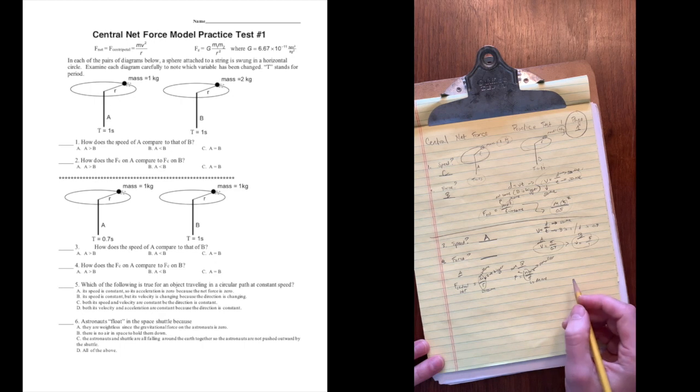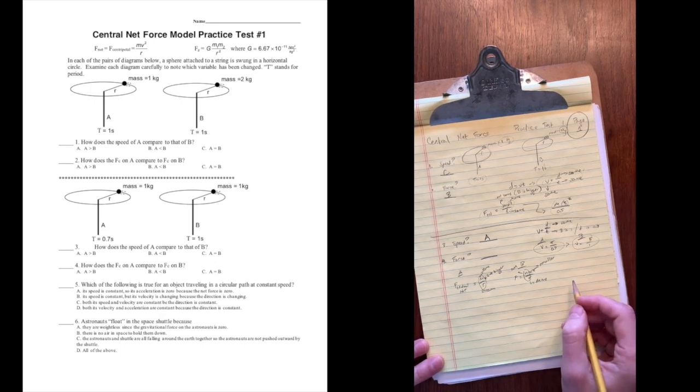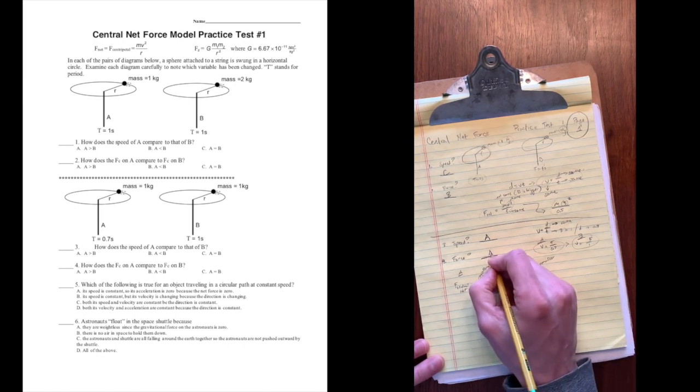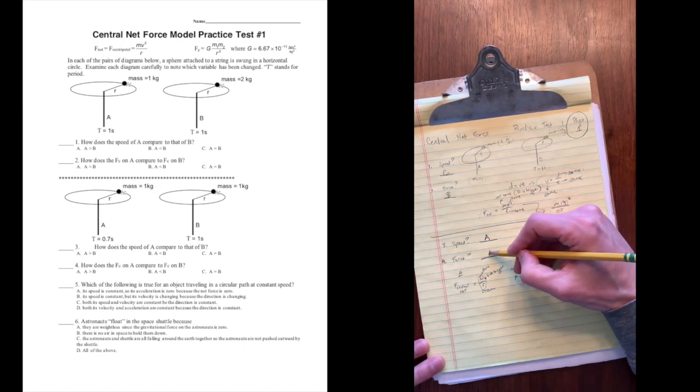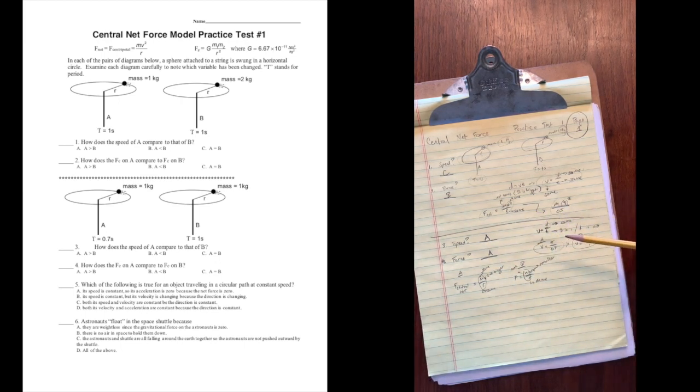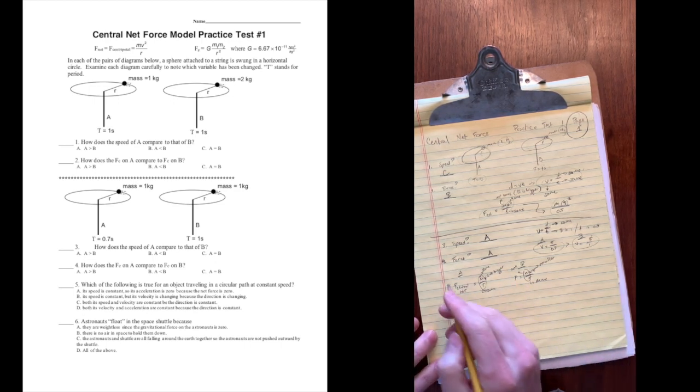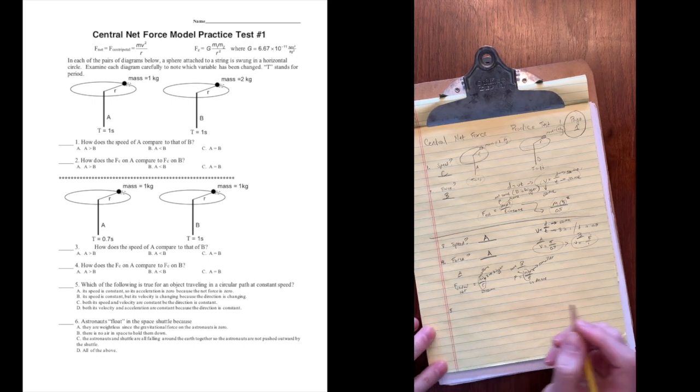So we know that F_c for A is bigger than B. Conceptually too, we're spinning the same mass faster in one case and slower in the other one. You're going to have to whip the thing around harder to make it go faster.